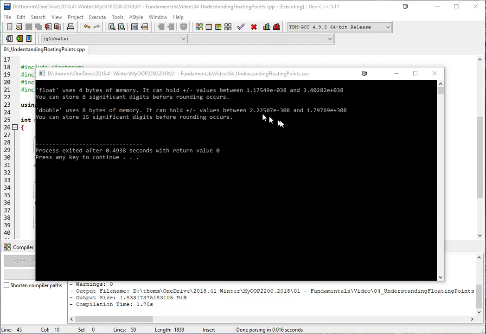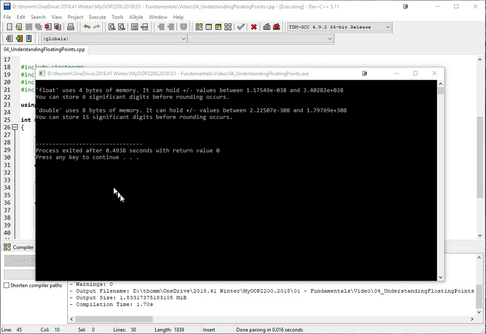It can hold much smaller and much larger numbers. The exponent is 10 to the power of negative 308 to 10 to the power of positive 308. That's a lot of zeros, either before or after the significant digits. And the number of significant digits we can count on is 15.